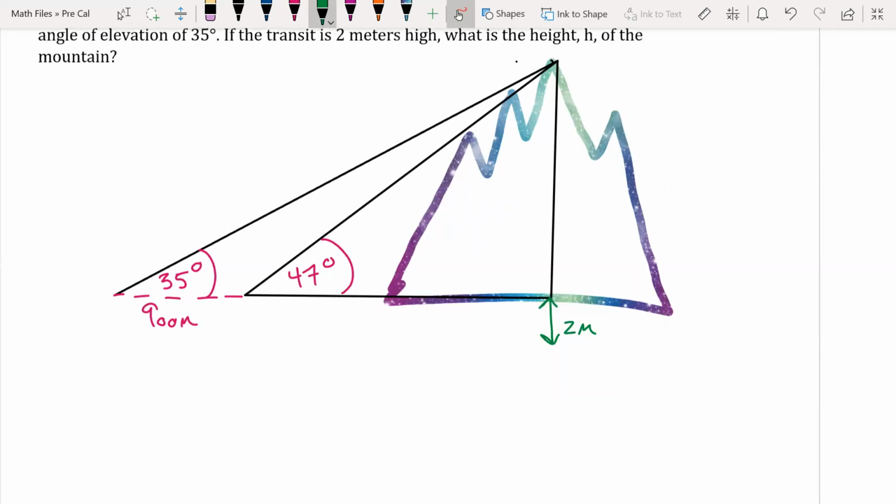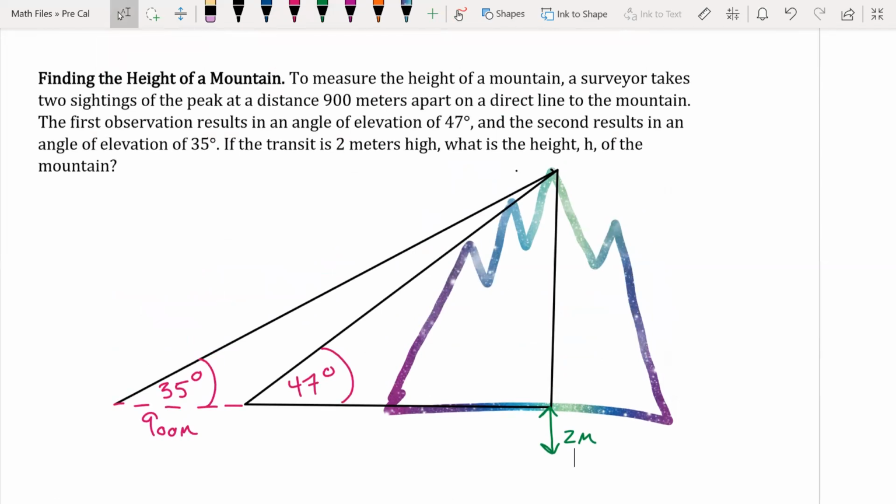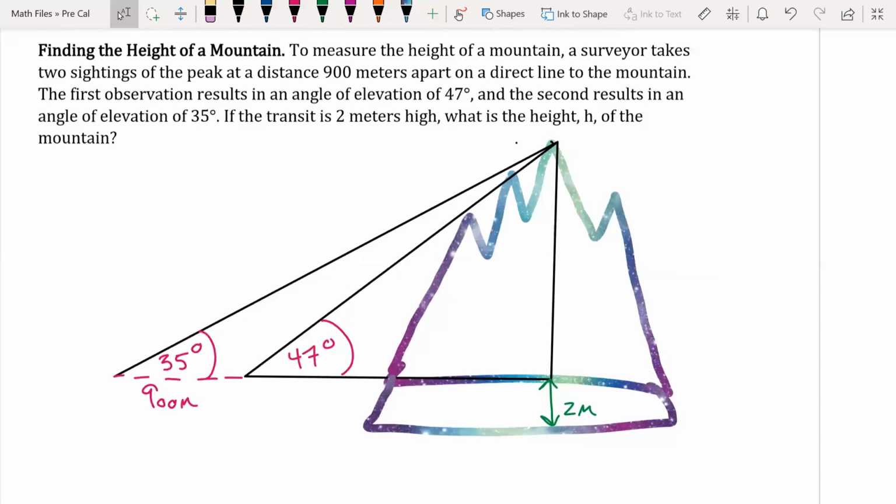Okay, so this means my actual mountain base is down there. But 2 meters by 2 meters? Yeah, because he set up the transit, which accounts for 2 meters, which accounts for also the height of the mountain. So let me draw that down there. It took the angle of elevation off of the very top of that transit when the actual ground is 2 meters below it.